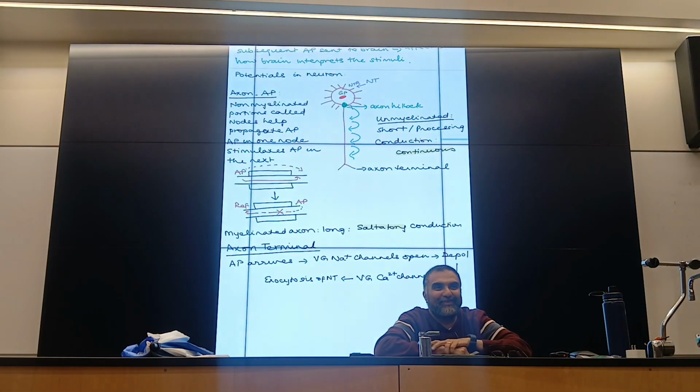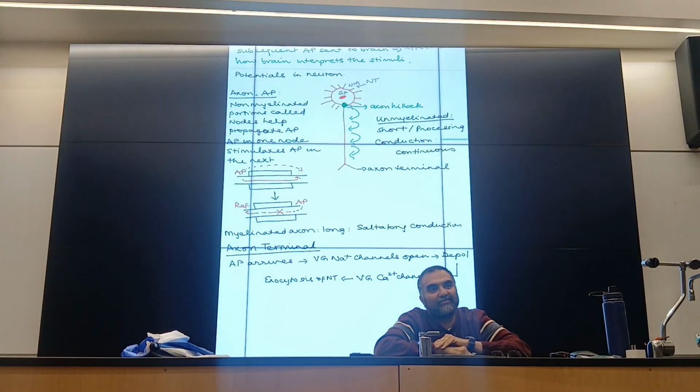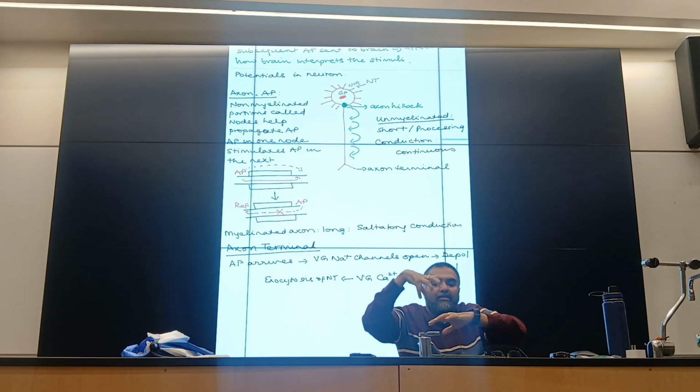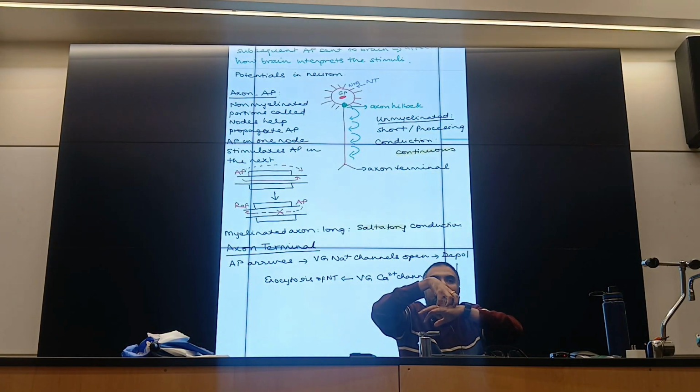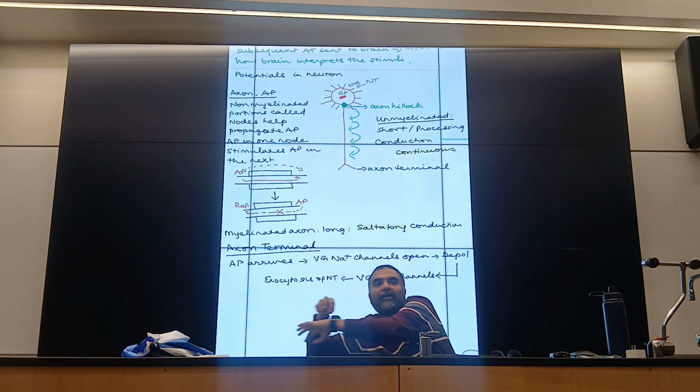So in PhysioEx, when calcium influxed, it said that calcium ions would bind onto vesicles that carry the neurotransmitters. But calcium ions can't carry anything. They're tiny little ions. The vesicles containing the neurotransmitters will start moving because the vesicles are stuck on the cytoskeleton, and then the cytoskeleton starts moving.